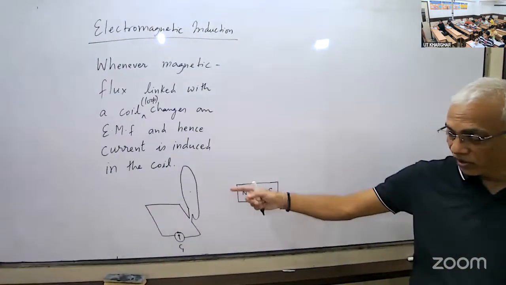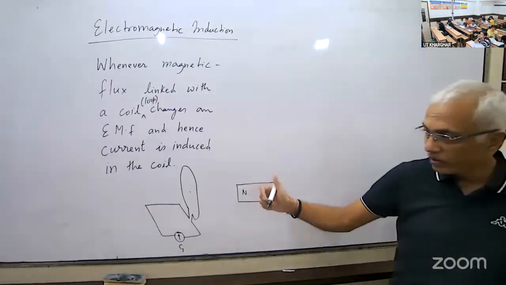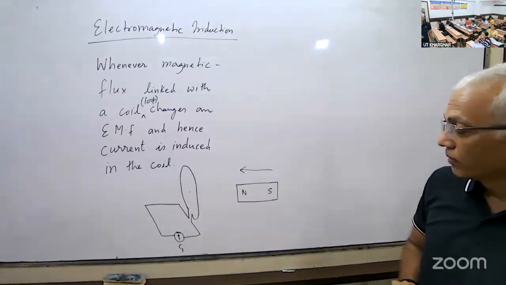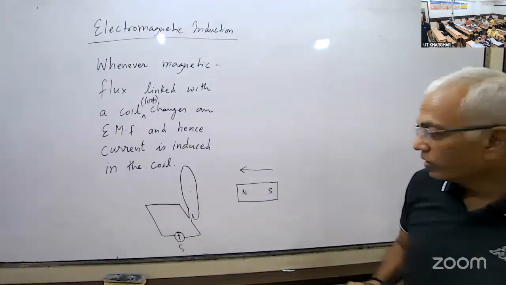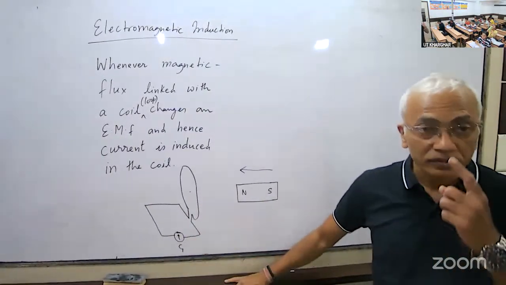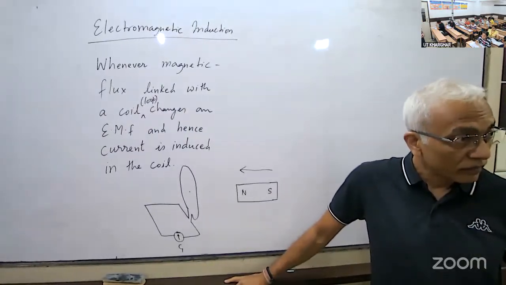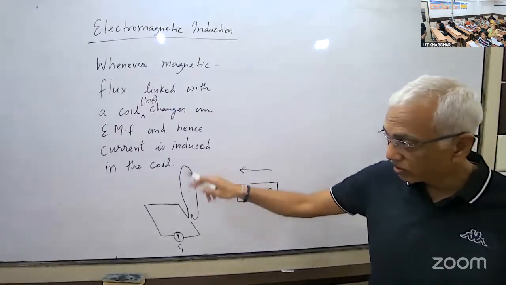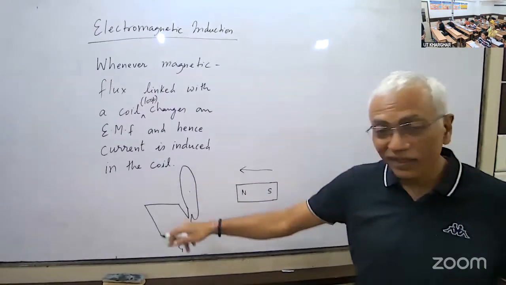You have a coil and you are trying to bring a magnet towards it, let us say in this direction. Then what happens is, this galvanometer shows deflection. Whenever you bring a magnet near a coil like this, there is no cell in this.